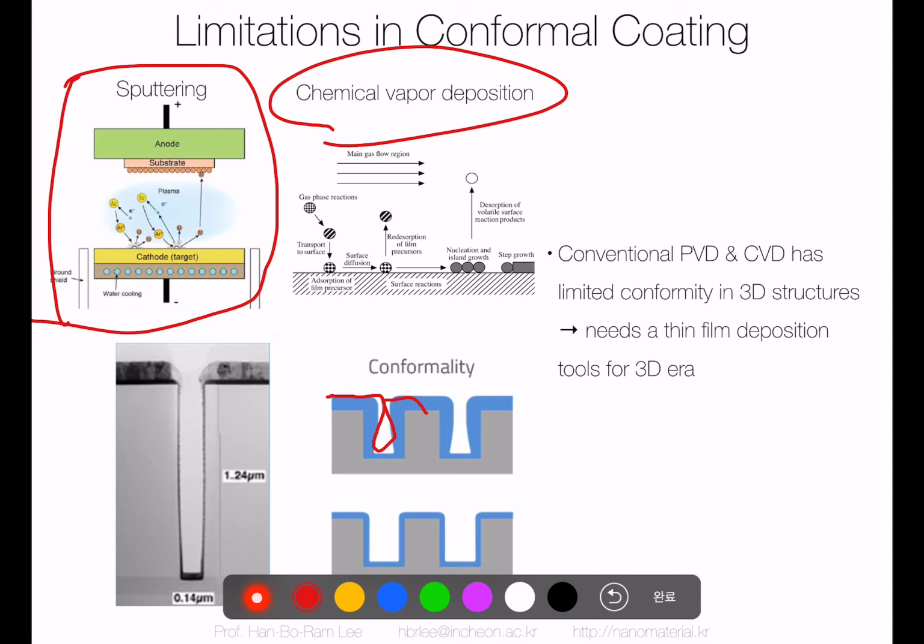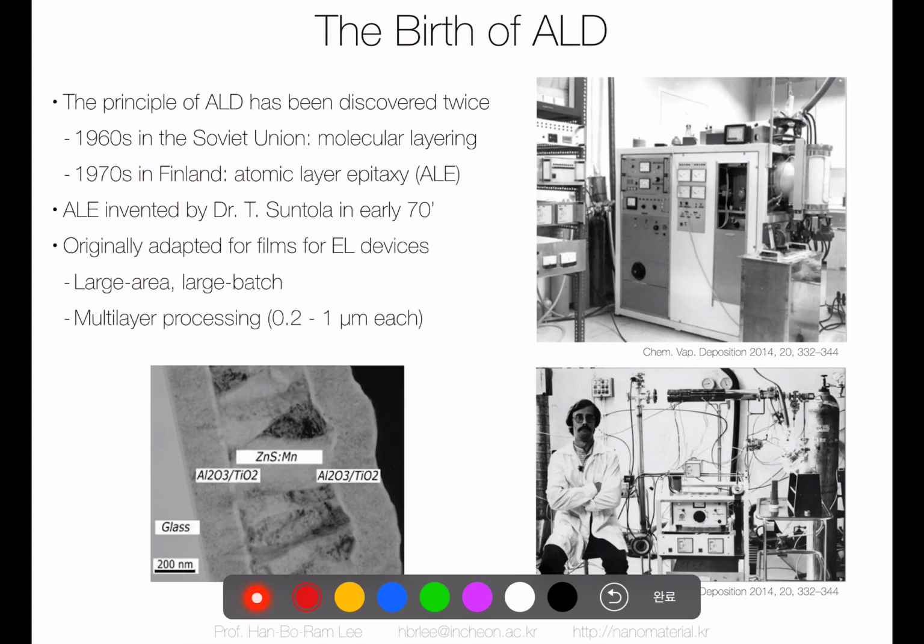To make a good, well-controlled device, we have to deposit a very conformal film even inside the three-dimensional structure. So we need another method, and the answer is ALD. We already know we have to use ALD for conformality and good thickness control.